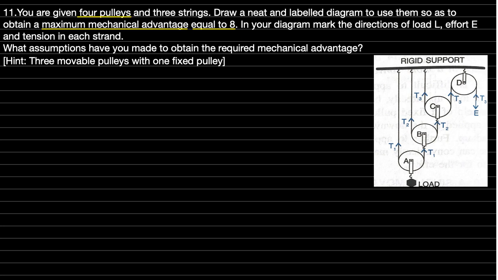The first string is going from the rigid support till the pulley B through pulley A. The second string is going from the rigid support through the pulley B till pulley C, and then the third string is going through the pulley C and passing through the fixed pulley, that is D. So this completes our requirement of 3 strings also.